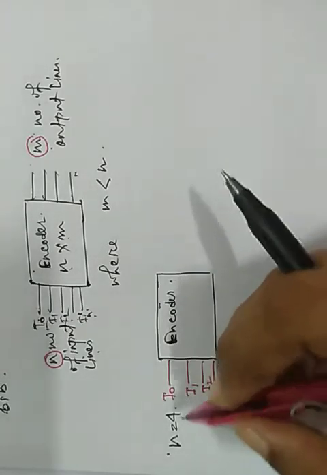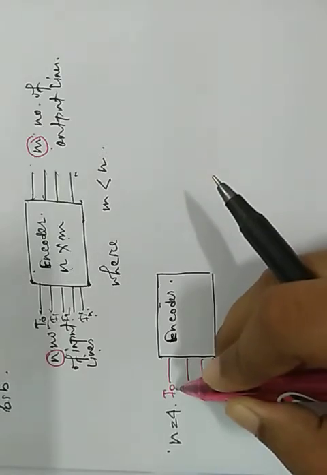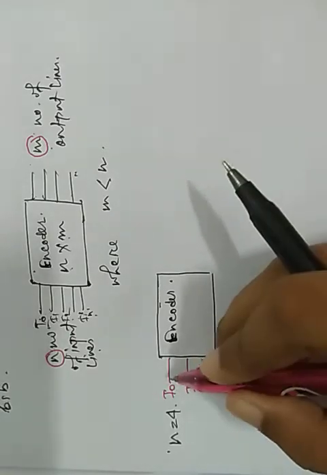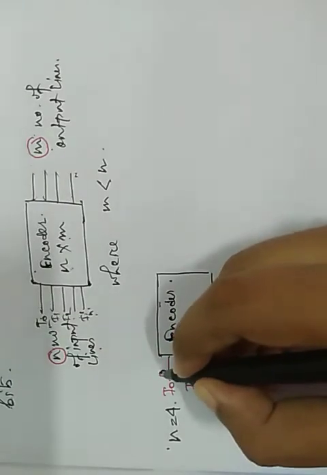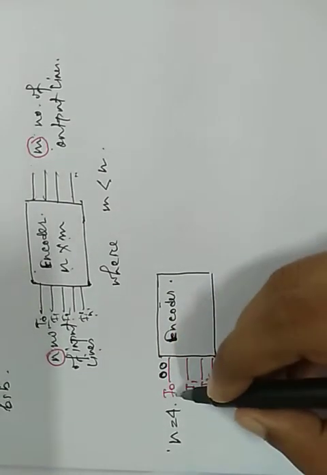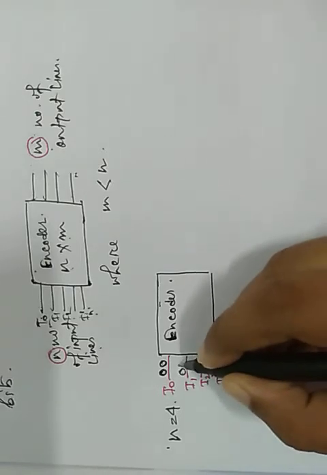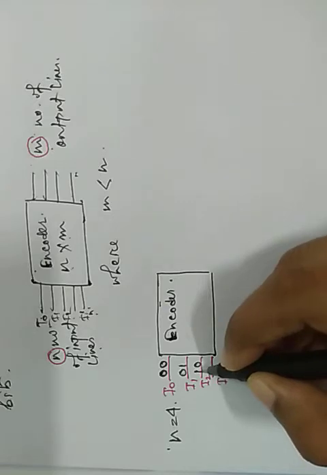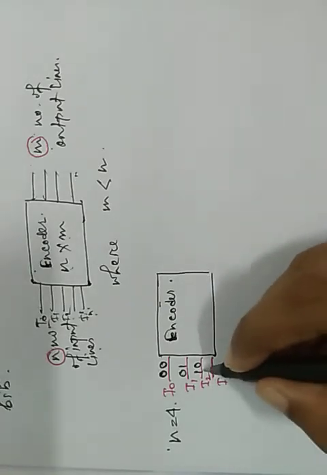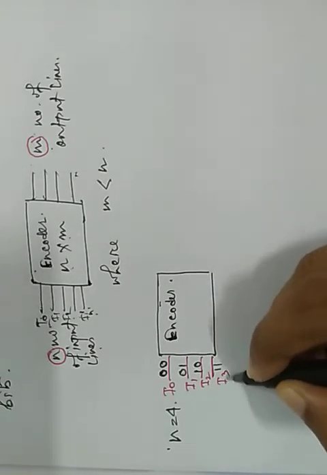If we use only 2 bits, 0 0 can represent I0, 0 1 can represent I1, 1 0 can represent I2, and 1 1 can represent I3.